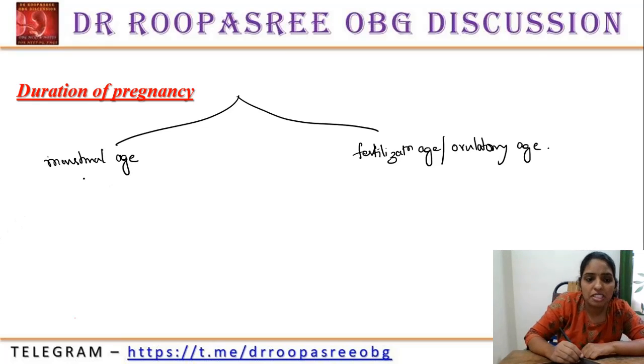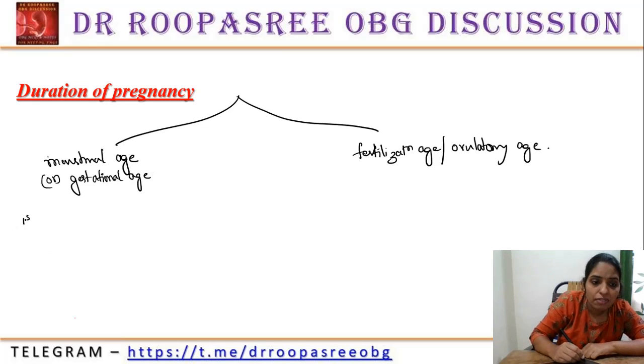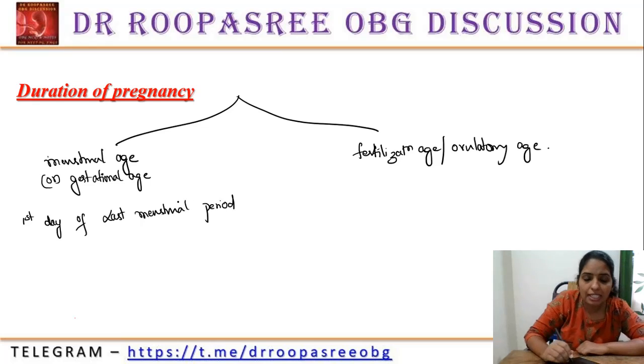What is the menstrual age or gestational age? It is from the first day of the last menstrual period. We always calculate the menstrual age or gestational age from the first day of the last menstrual period.